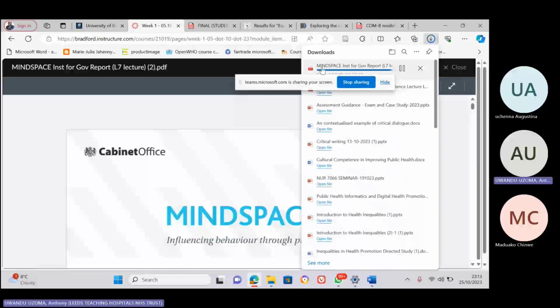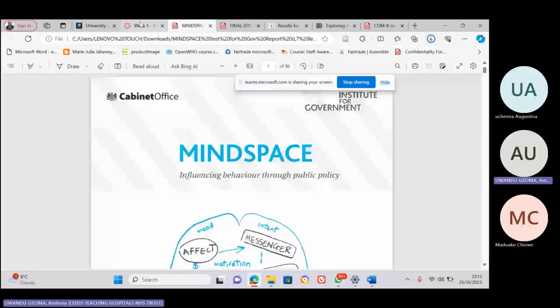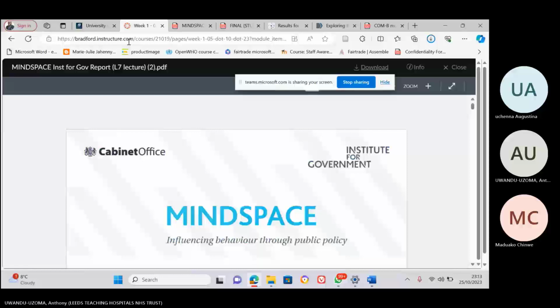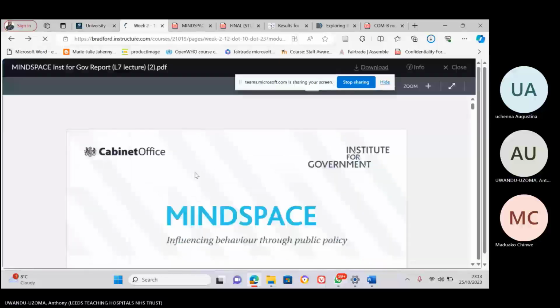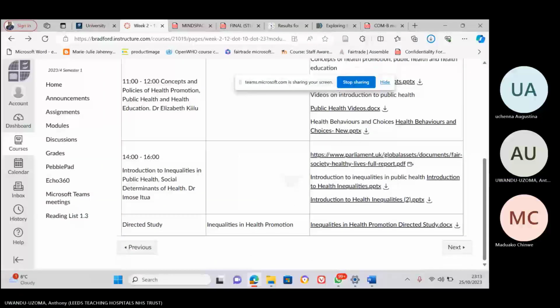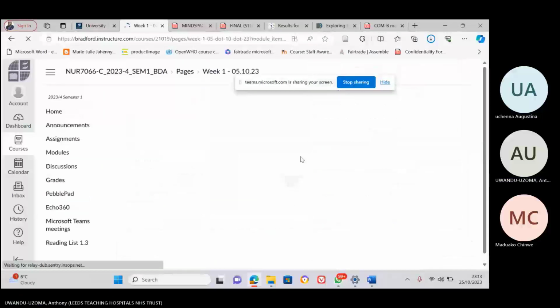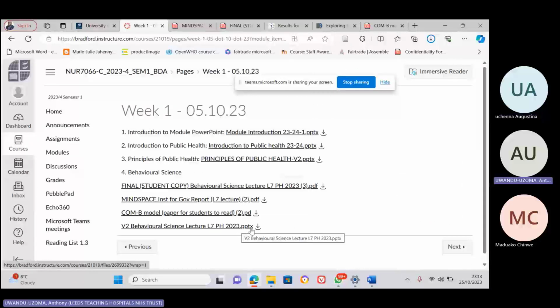So if I'm to read it, this is how I will read it. Now the last one is this week 2. Behavioral science lecture.